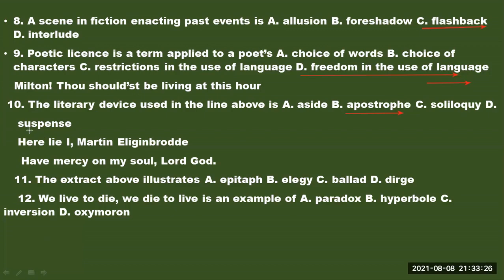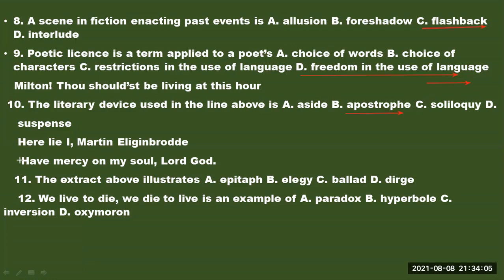Now, suspense is a situation where there is a conflict in a work of art, and the audience are emotionally touched, curious, they want to know, they are wondering what is going to happen next. So that is suspense, a result of conflict in a work of art.